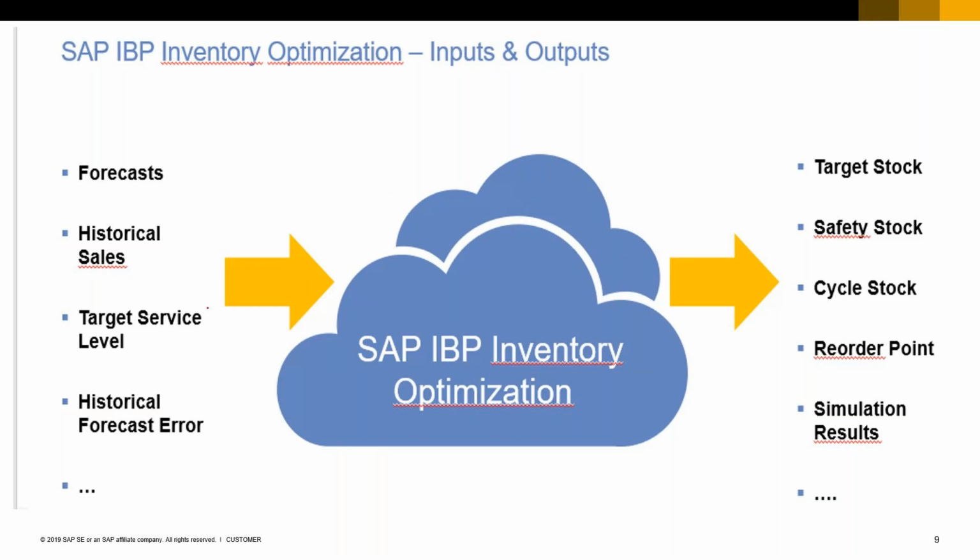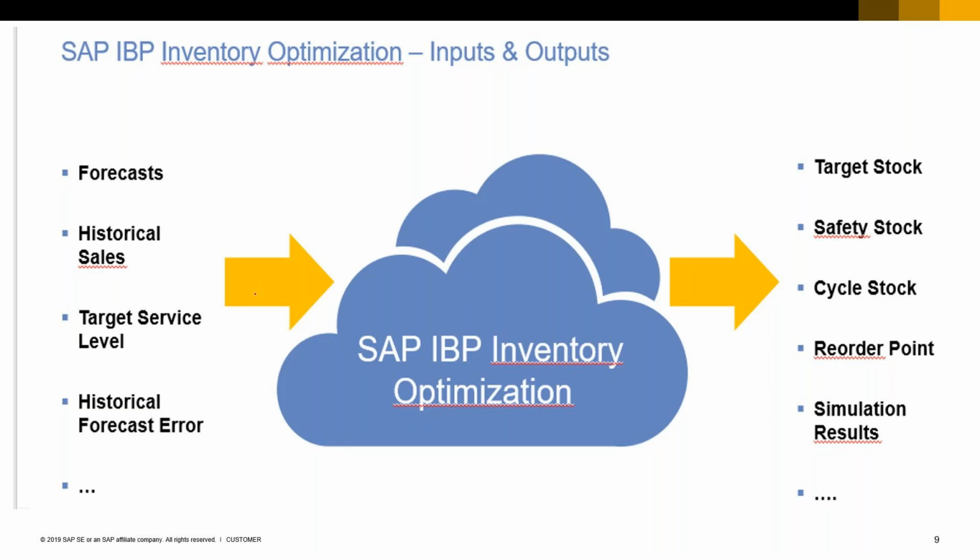We can also do some kind of simulations. For example, if I decrease my target service level to 90% from 95%, how much safety stock do I have to maintain?